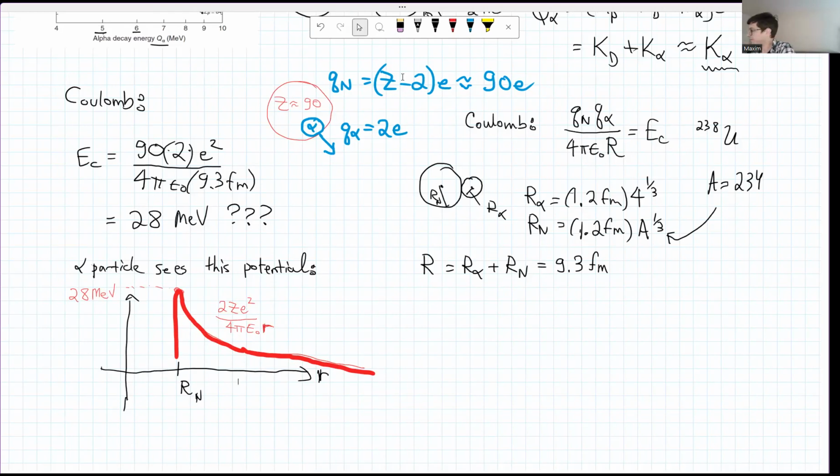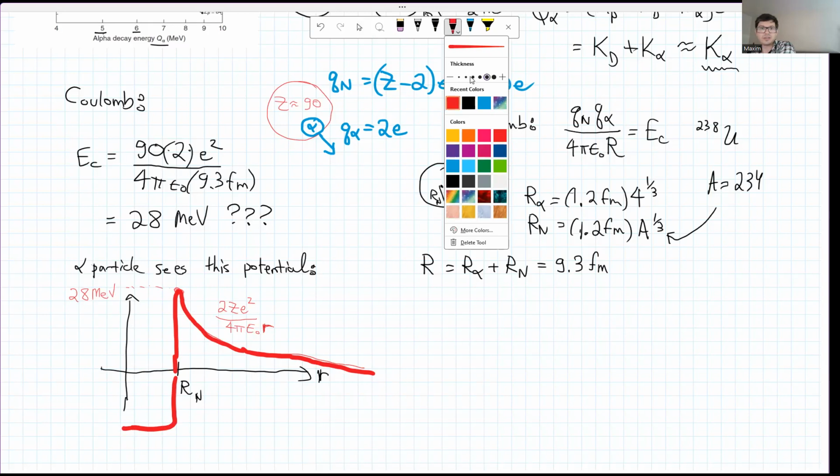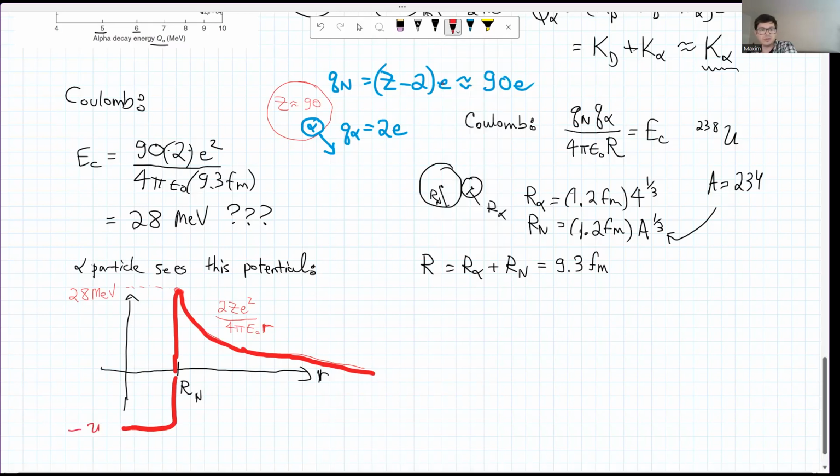It should go to some low value inside the nucleus, minus U, negative, and that's from the strong nuclear force. It's the thing that binds the nucleons together. I think the book has an estimate of what it is. Let's see here.